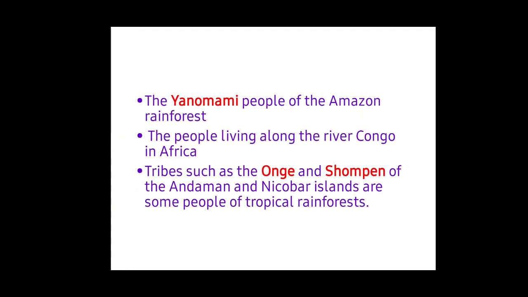There are also the people living along the river Congo in Africa, and tribes such as the Onge and Jarawa of the Andaman and Nicobar Islands. So there are a variety of people living there. Here are some examples of people who live in the tropical rainforest.